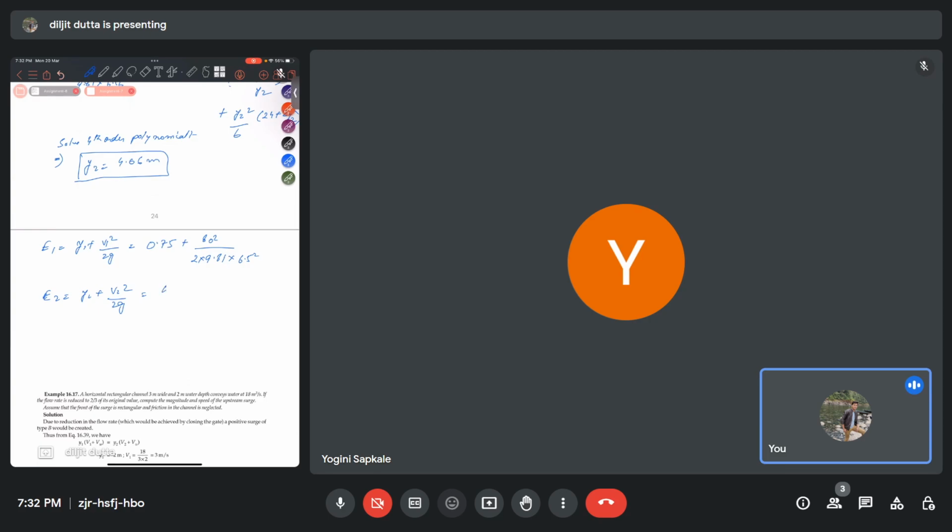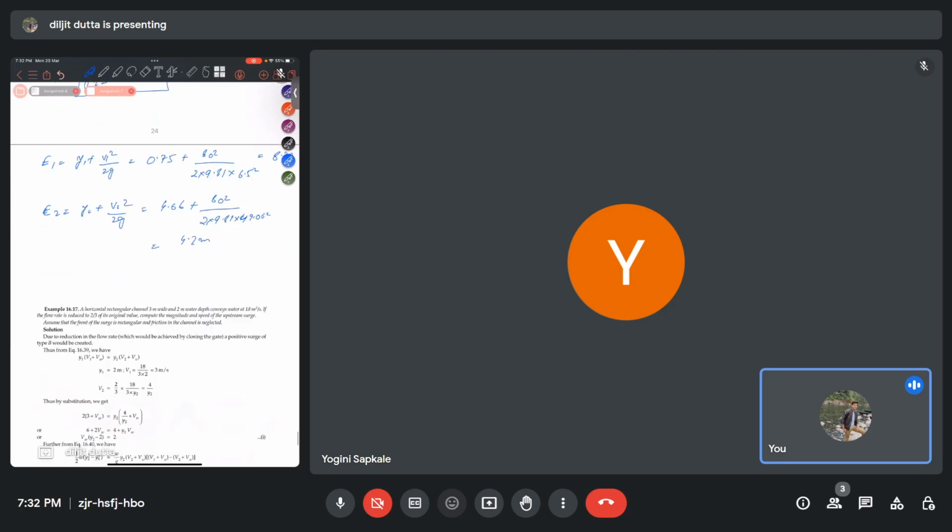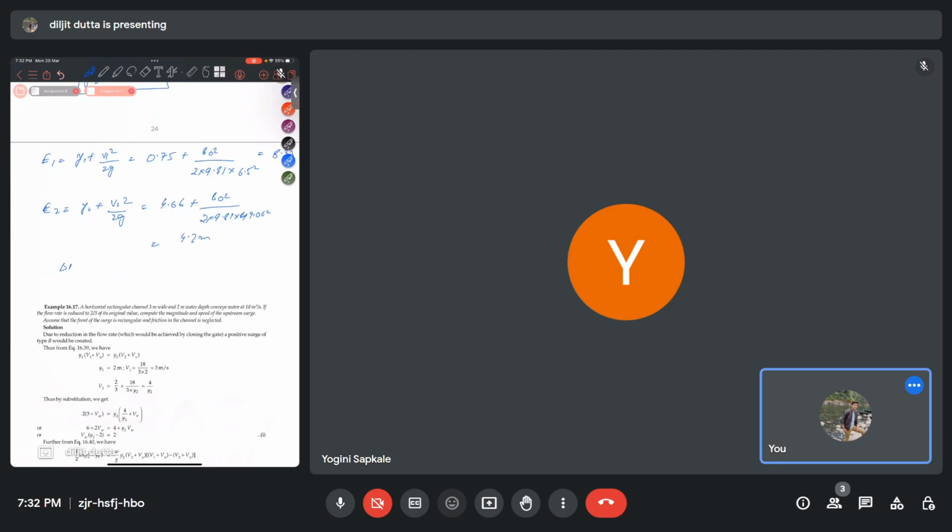So this is 4.06 plus 80 squared by 2 into 9.81 into 8 y2 whole squared, so this is equal to around 8.33. E2 is equal to 4.2 meter, and loss of energy delta E is equal to E1 minus E2. This is approximately 4.13 meter.